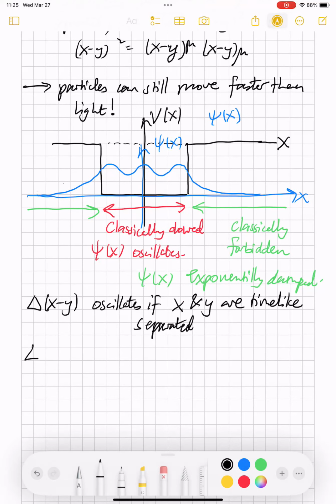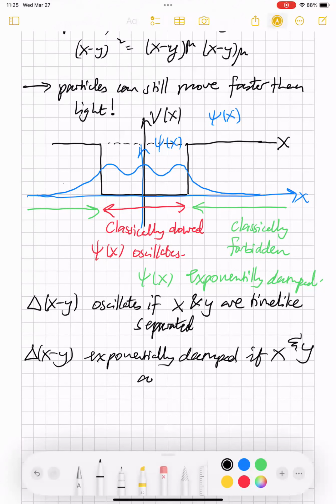And in fact, delta of x minus y is exponentially damped if x and y are space-like separated.